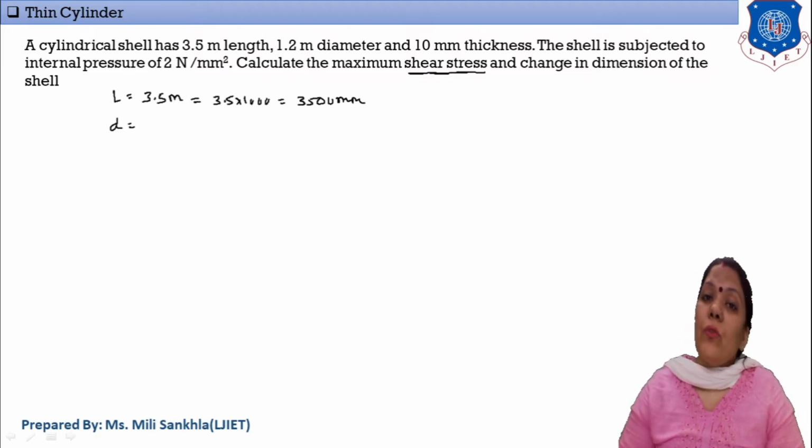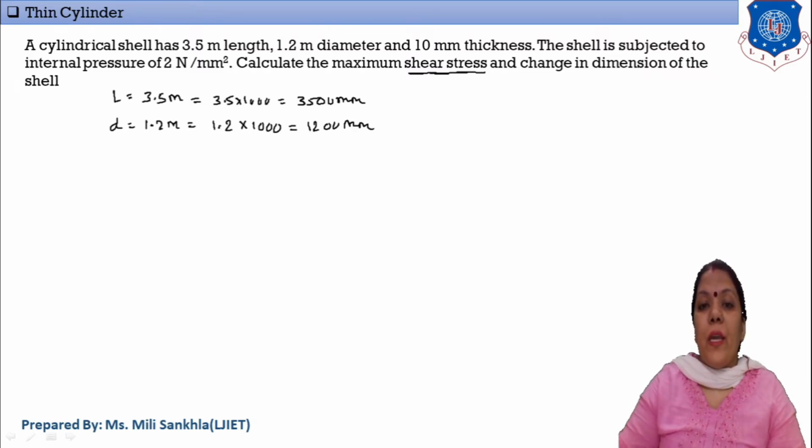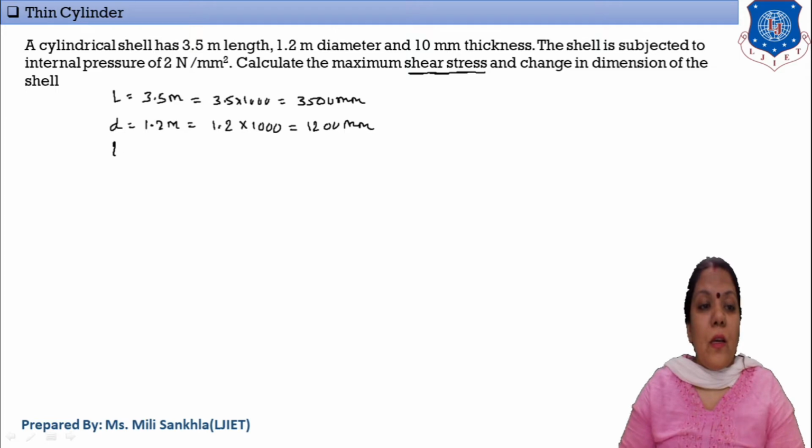Diameter is also given in meter, 1.2 meter. Convert 1.2 into 1000 is equal to 1200 mm. Now T is given. T is equal to 10 mm and internal pressure P is given 2 Newton per mm square.